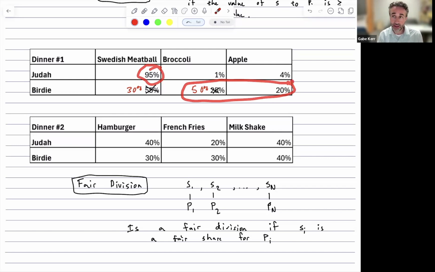But because this fair division game really cares more about the players' individual value systems, you can set it up so that yes, this is a fair share for both of them, even though switching it would be completely unfair to both of them. So fairness in this game is sort of a relative notion. It's very much dependent on the player's own valuation or value system for the assets.